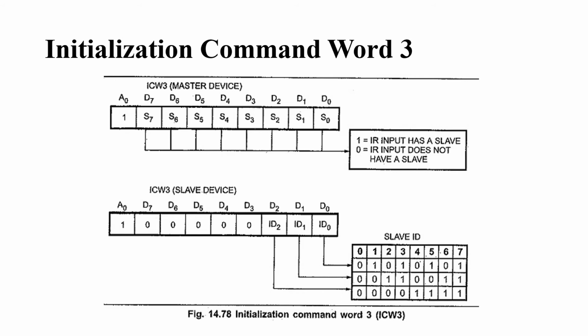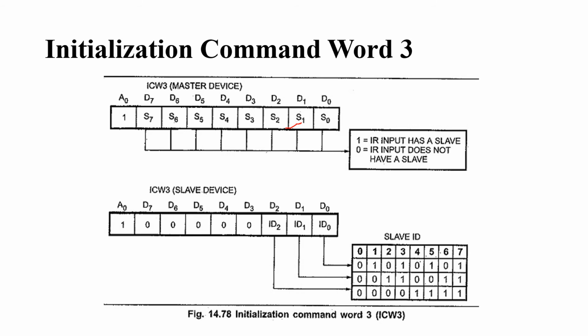If slave 0 is connected to the master 8259 through IR0 line, then the respective D0 bit gets set to 1. If slave 1 is connected through IR1 line of master device, then the respective D1 bit gets set to 1. When the bit is 0, it indicates that that IR input does not have any slave.